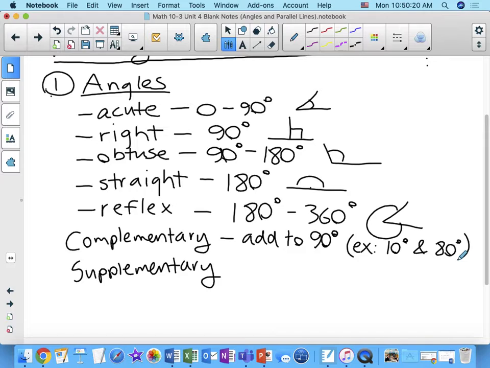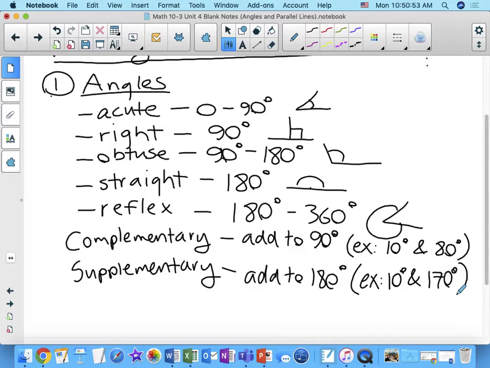Okay? Supplementary. What condition do supplementary angles have to meet? Yep. They add to 180, correct. Okay, so an example, let's say again, one of the angles was 10 degrees. What would the other one be? 170, yeah.